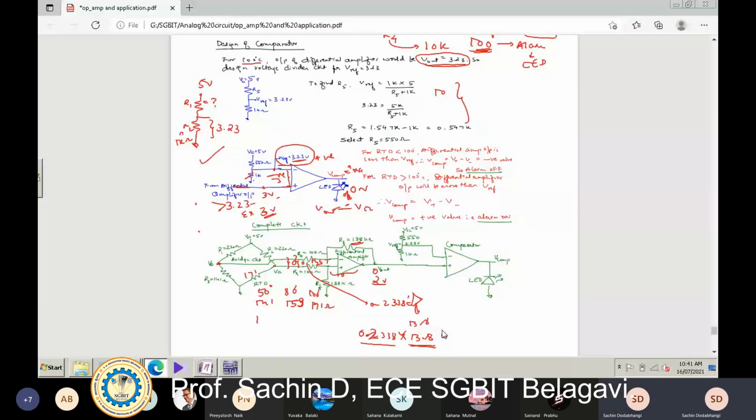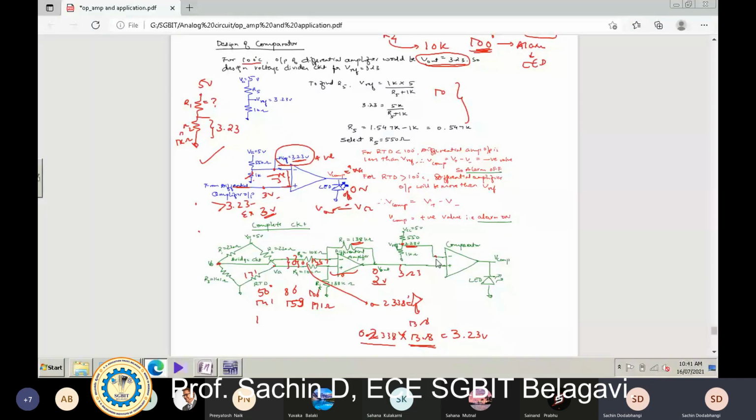volt. Now here I am getting 3.23. So at the V reference, I am designing this voltage divider circuit so that I get V reference as 3.23. The comparator takes the difference between these two inputs.